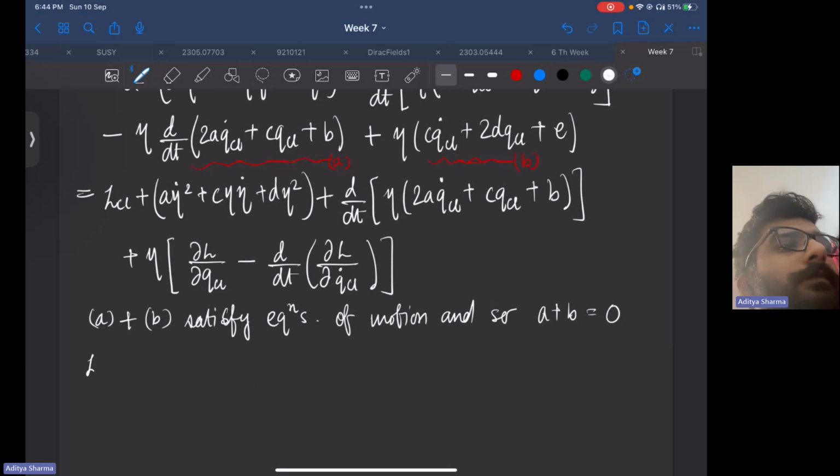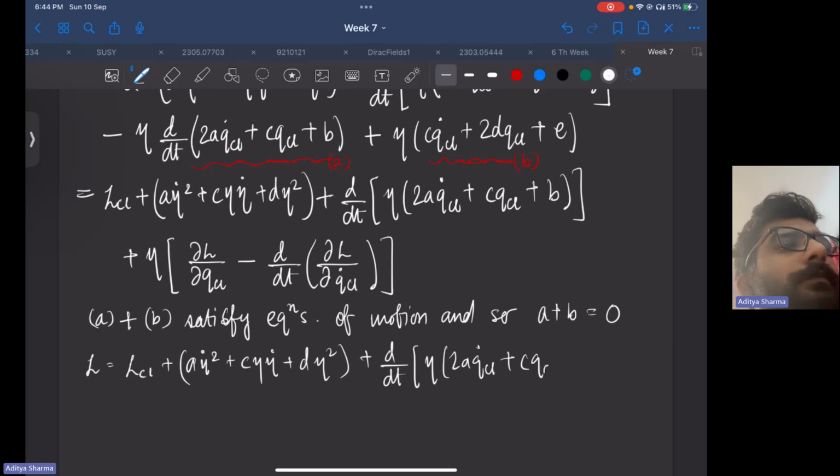Therefore, our Lagrangian will become L classical plus A η dot squared plus C η dot η plus B η squared, plus the terms in q classical.